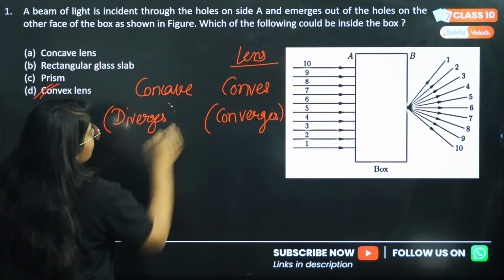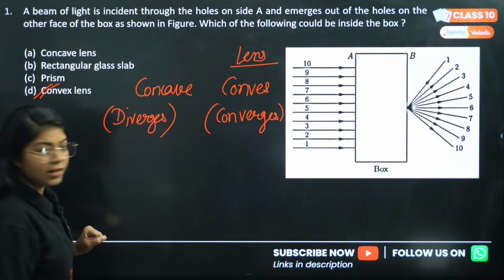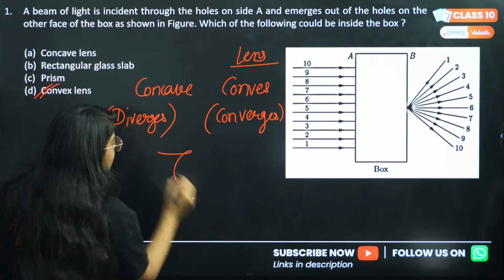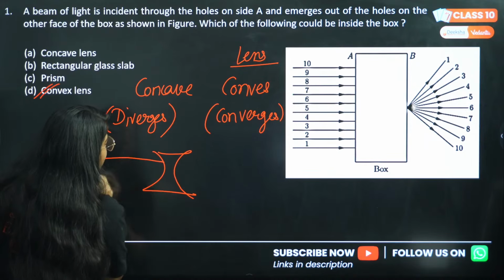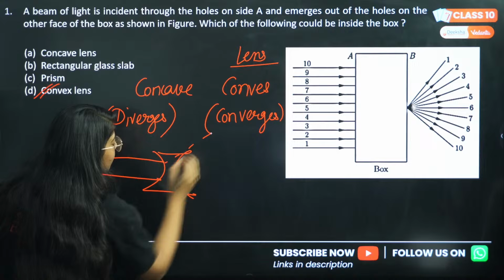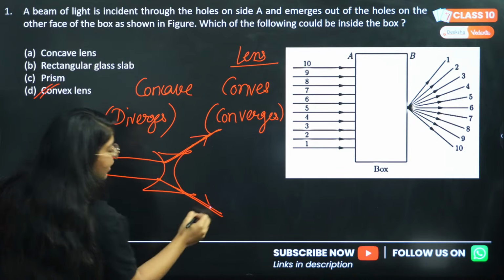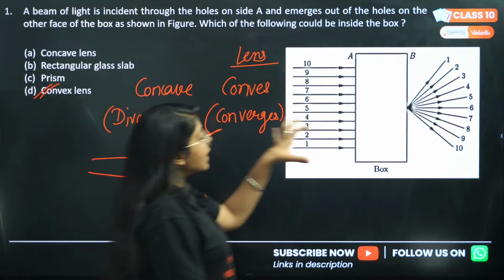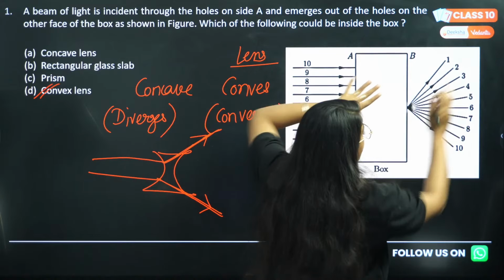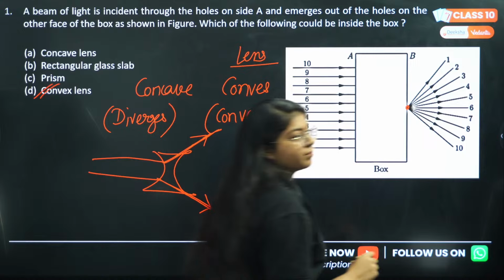Now if I had a concave lens, what will happen? This is my concave lens. If rays come, they will go something like this and diverge in opposite directions. But I can see all the rays are coming out from one single point.